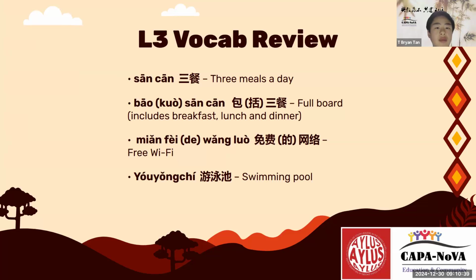Then lesson 3 vocab review. 三餐 means the 3 meals of a day. 包括三餐 just means including the 3 meals, which is breakfast, lunch, and dinner.